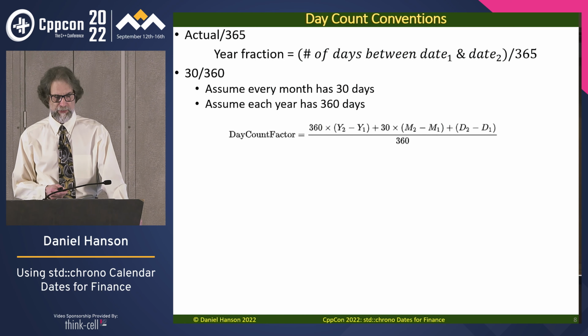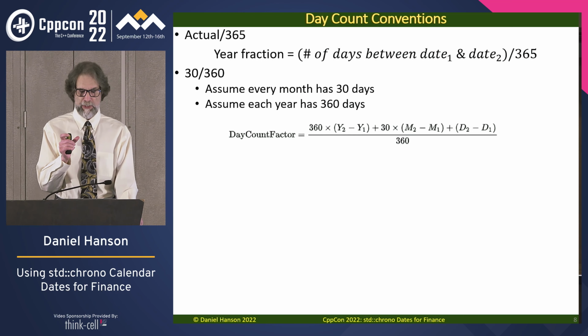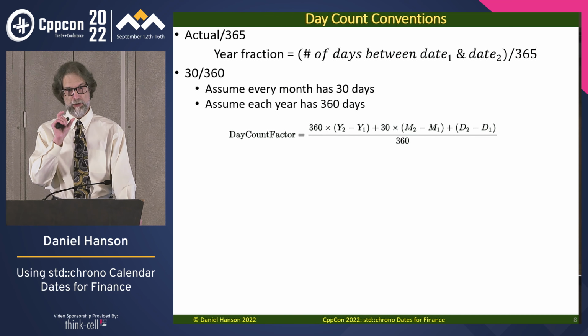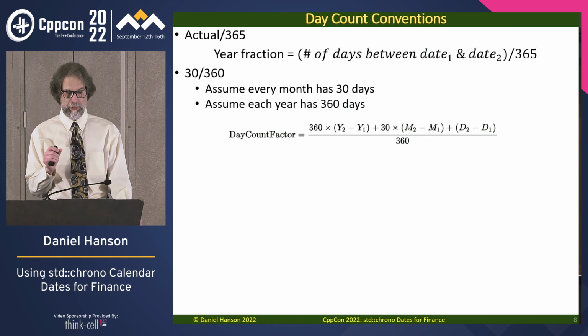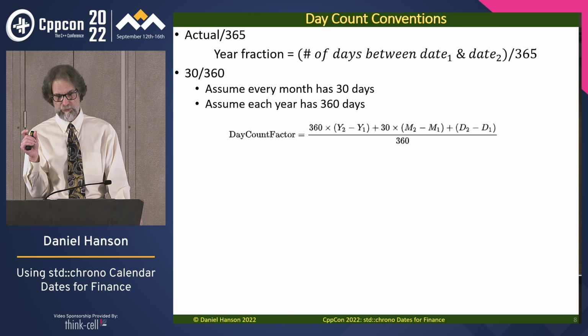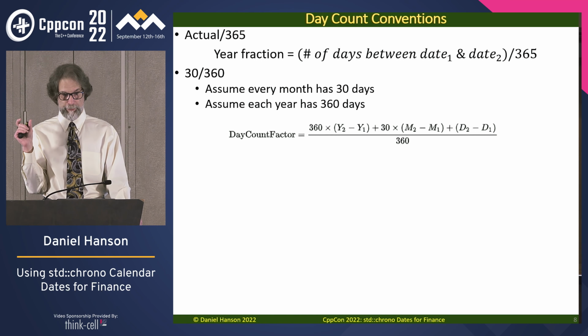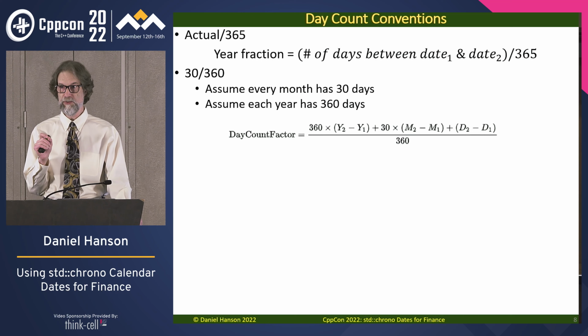The formula looks like this. We're going to need to be able to take the difference in the years of two dates, the months, and the days. As you can see, we multiply the difference in years by 360, the difference in months by 30, and then we take the difference in days and we divide the whole thing by 360.